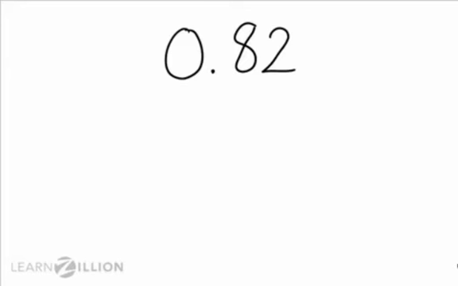So, this decimal represents part of a whole, just like a fraction. If you had a number line split into 100 parts, 82 sections would be shaded in. 82 would be our numerator in the fraction, since that's the part that would be shaded, and 100 would be our denominator, the total number of parts.